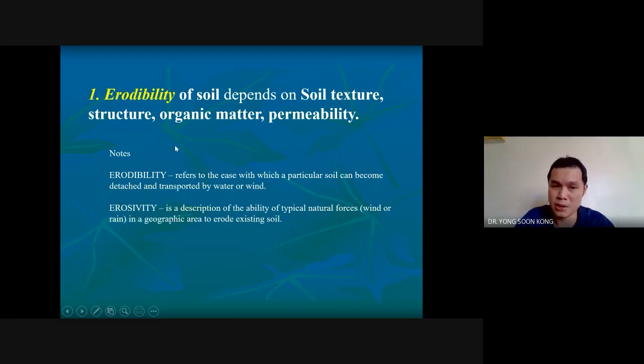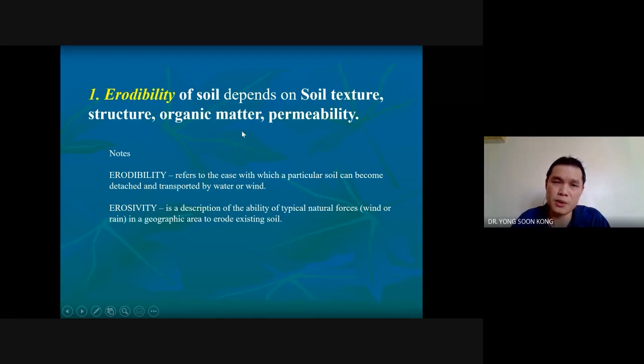So this is the word that we are going to touch on a lot. Okay, erodibility depends on the texture. Texture is determined by the distribution between sand, silt, and clay. Which one is the most durable in terms of erosion? We're going to talk about that. With all this texture, it gives you a different structure as well.